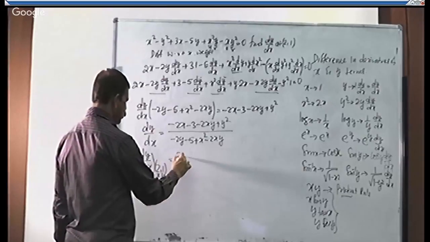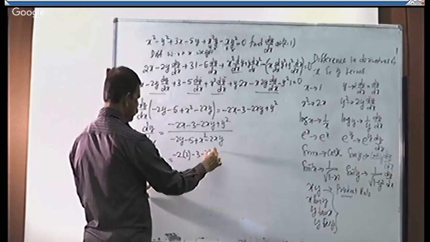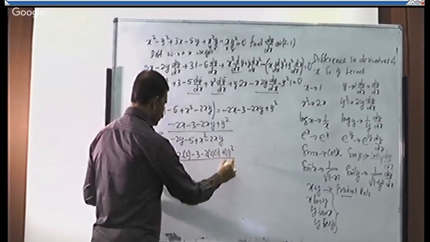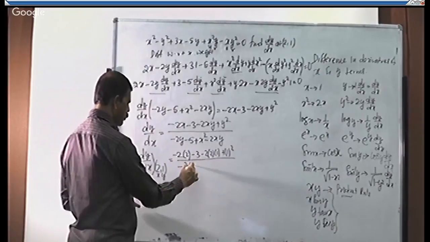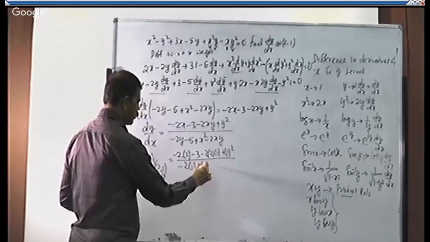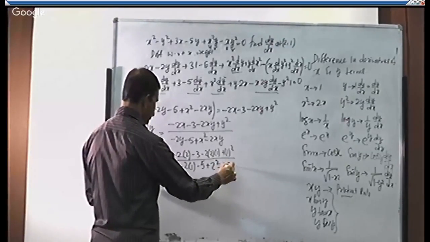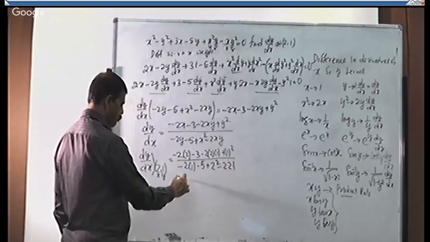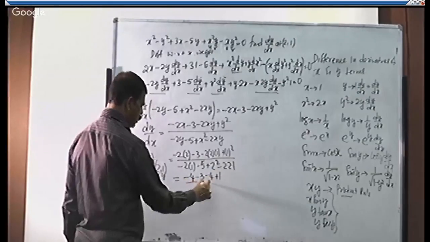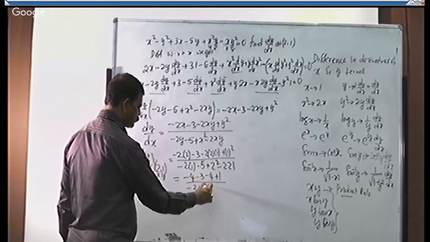So it is equal to 2 into 2 minus 3 minus 2 into 1 plus 1 square, divided by minus 2 into 1 minus 5 plus 2 square minus 2 into 2 into 1.